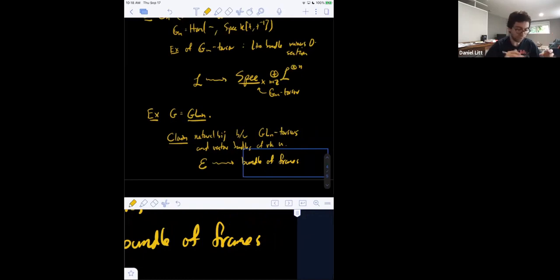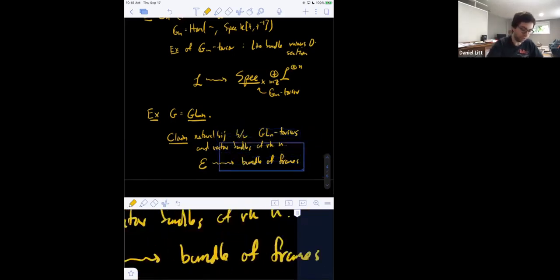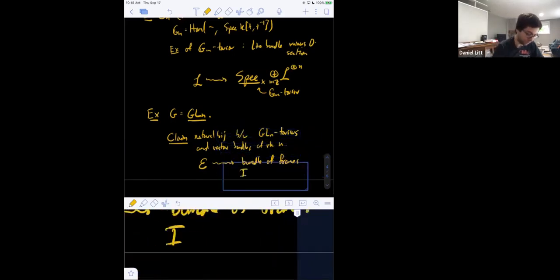I told you what it is on fibers, but if you slightly change that, you get what the functor represents. And in fact, Ben in chat told us the answer. It's just E goes to Isom, the Isom sheaf over étale, with O to the direct sum n and E.